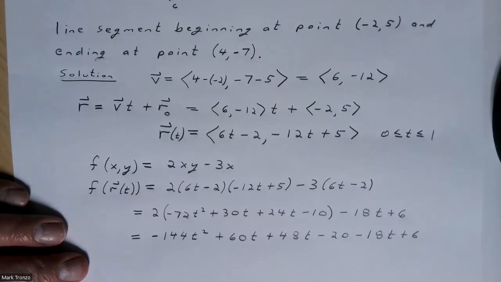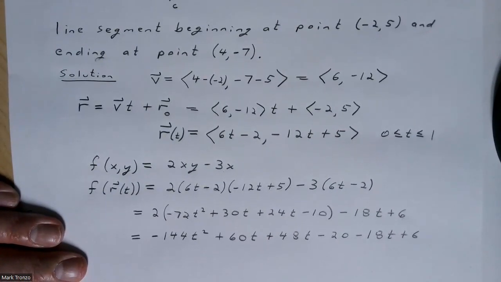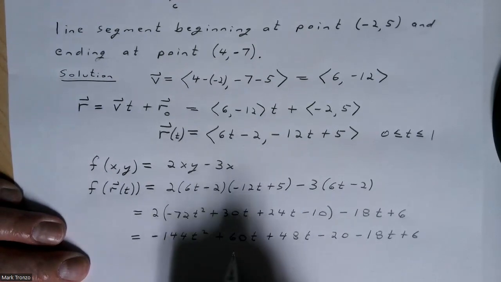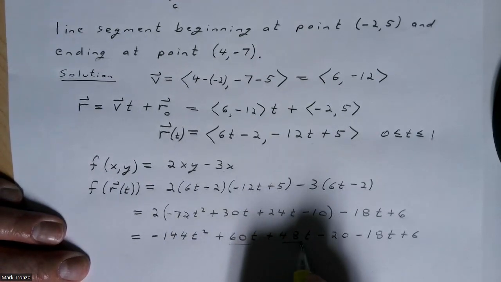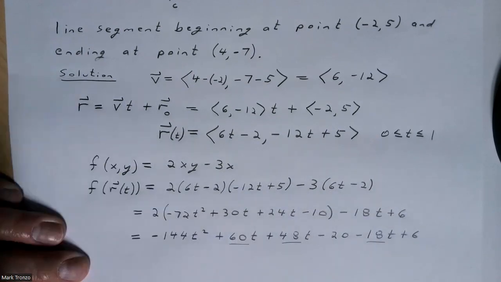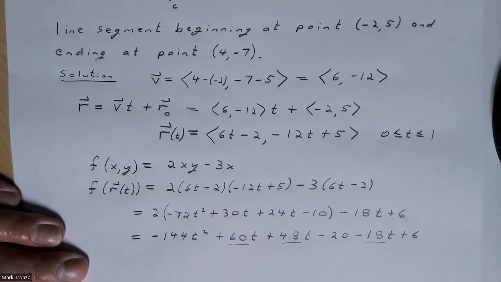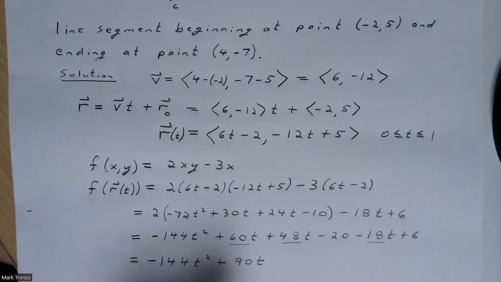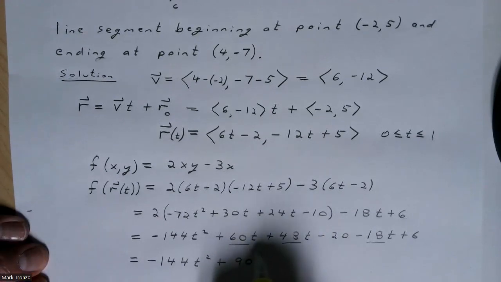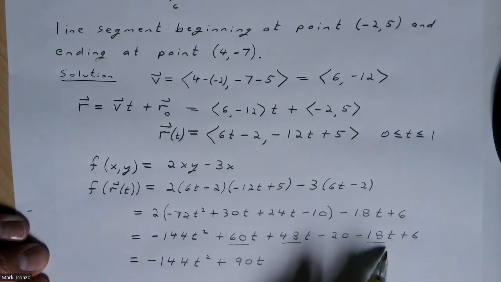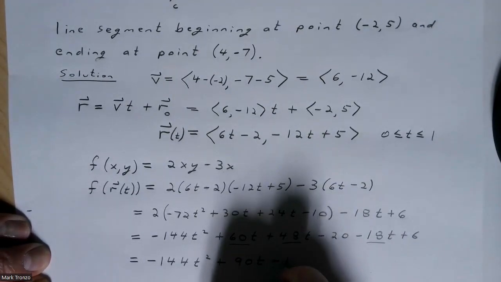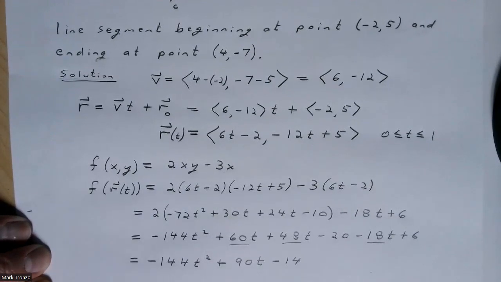Now let's combine as many terms as we can. So we can put the t's together, and that'll give us 90t. We put these 3 terms together, then the constants, that gives us minus 14, like that.